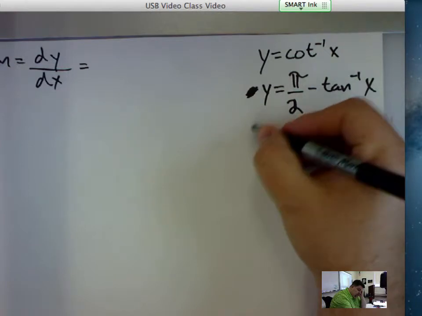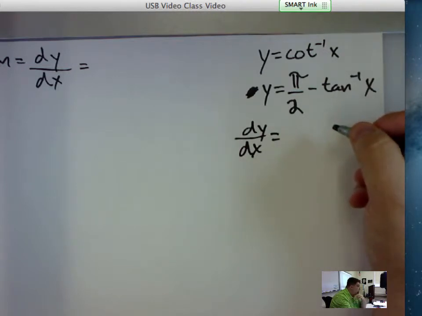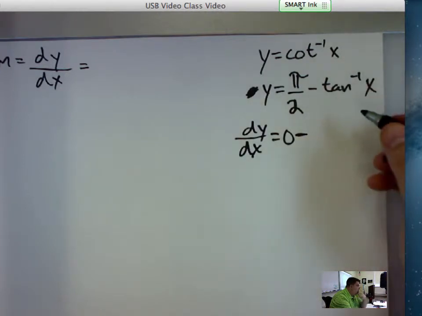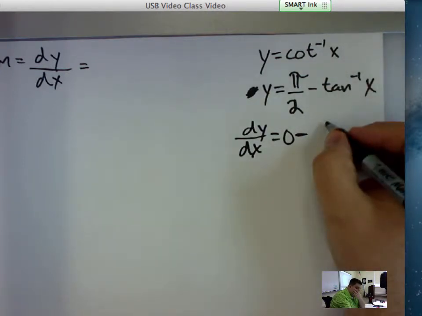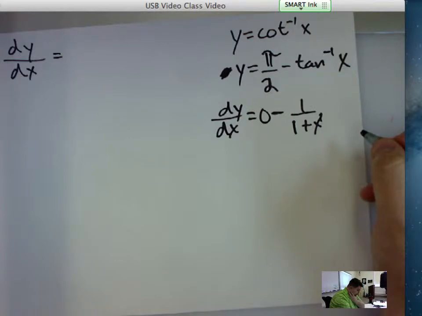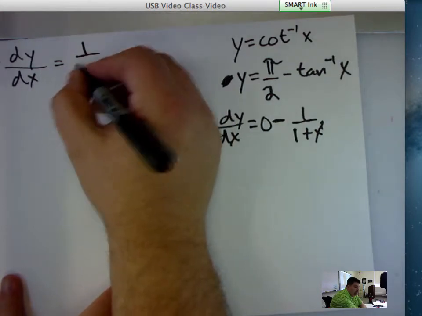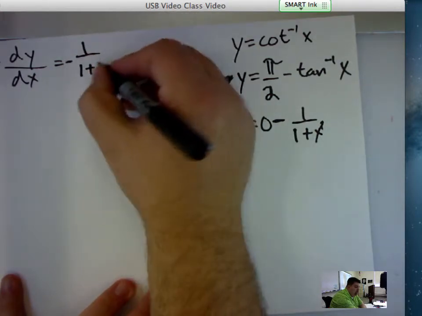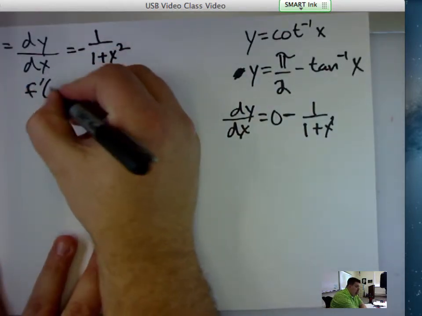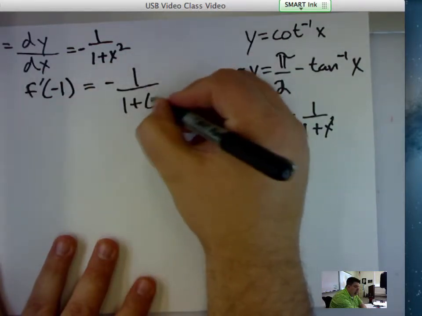What's the derivative of pi over 2? 0. The negative sign stays in the front. What's the derivative of inverse tangent? You guys have memorized that, haven't you? It's 1 over 1 plus x squared. And that's it. So dy dx is negative 1 over 1 plus x squared. So f prime of -1 is equal to negative 1 over 1 plus -1 squared.